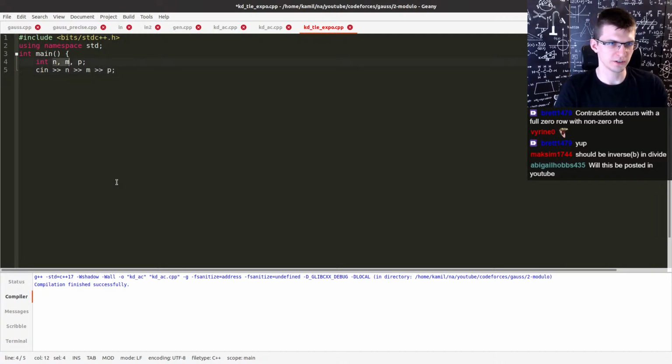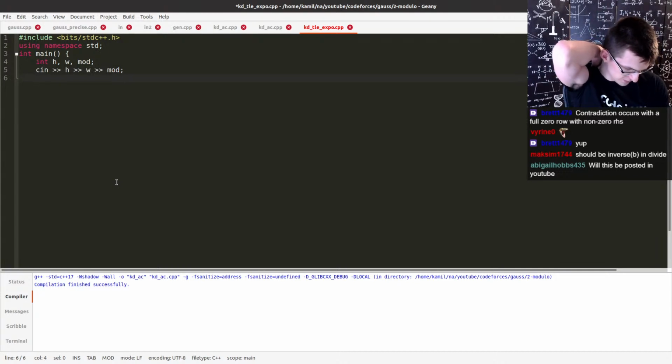And to make it very different from the previous one, let's do this. If possible, you should make brute force very, very different than the main solution. It helps avoiding same mistakes.